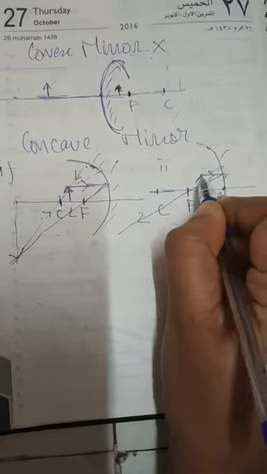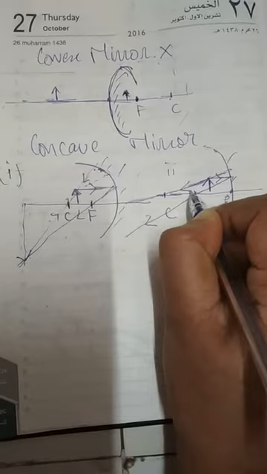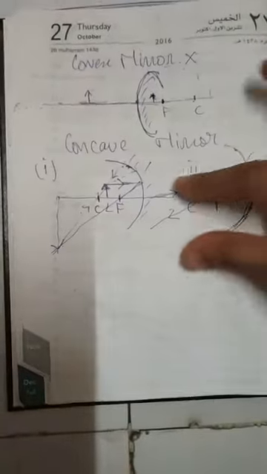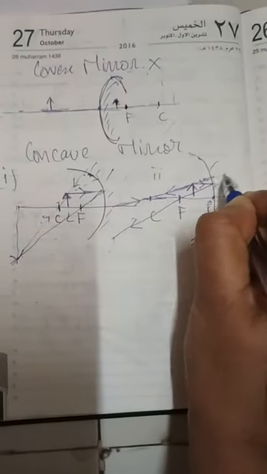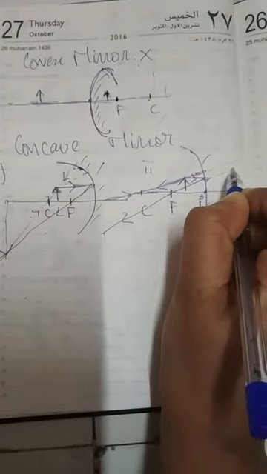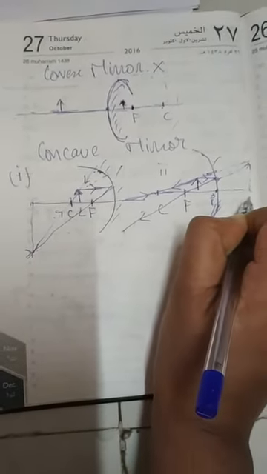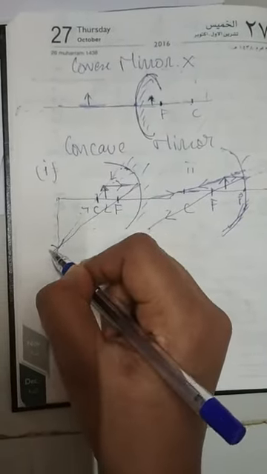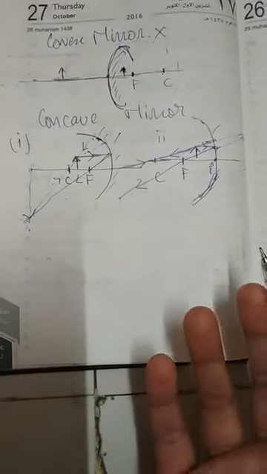A ray goes like this, and you can see the lines are diverging. After reflection the rays are diverging, so of course they will never meet on this side. You have to extend them at the back of the mirror, and if you draw it like this, you get an enlarged image, virtual, erect and enlarged, whereas here you are getting a real, enlarged image, but real and inverted. So if they have given this type of figure, which option is correct?